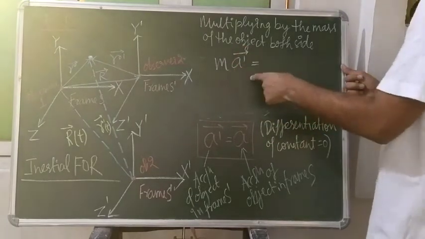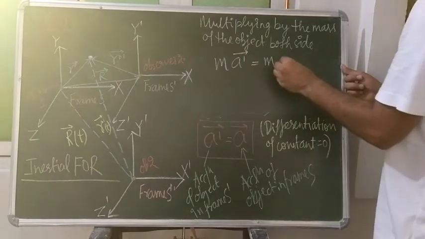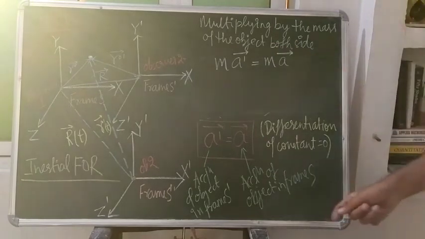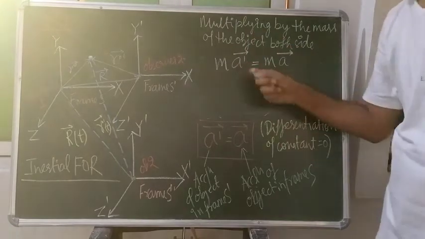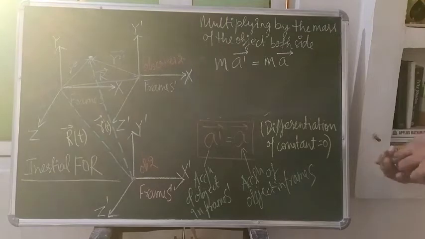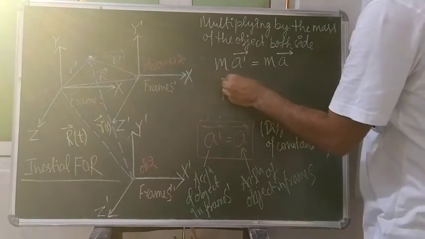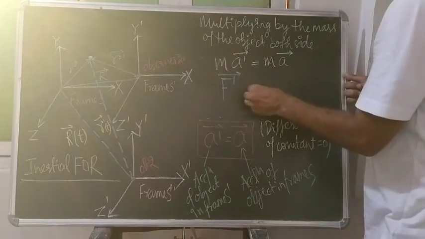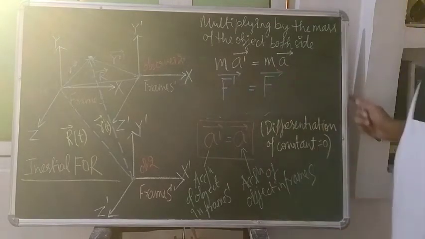So this will become mass times the small a prime vector, mass times the small a vector. And what is this? Mass times the small a prime vector, mass into acceleration of the object. So that force, this capital F prime vector, will become equal to capital F vector.